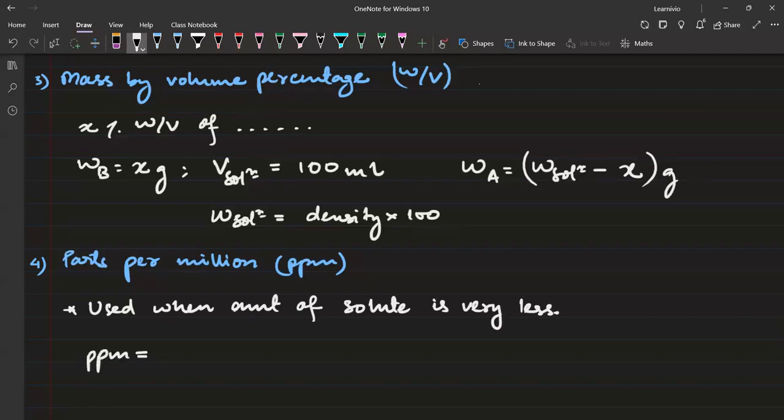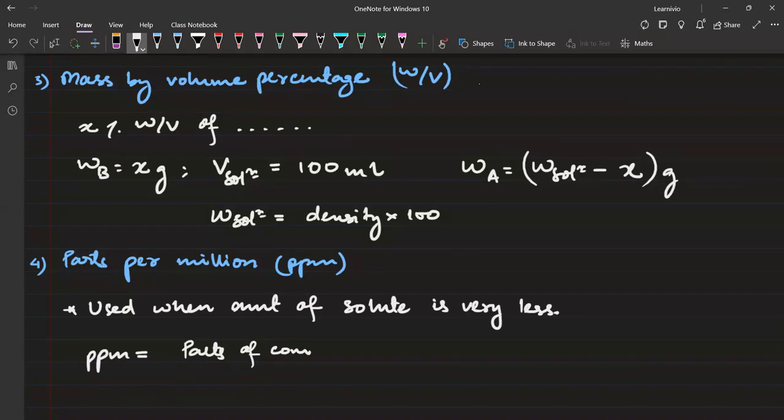What is the formula for ppm? ppm is equal to parts of component. I am writing component in general, but usually it is going to be solute. For whatever component you want to get the ppm, you will put the parts of that component.